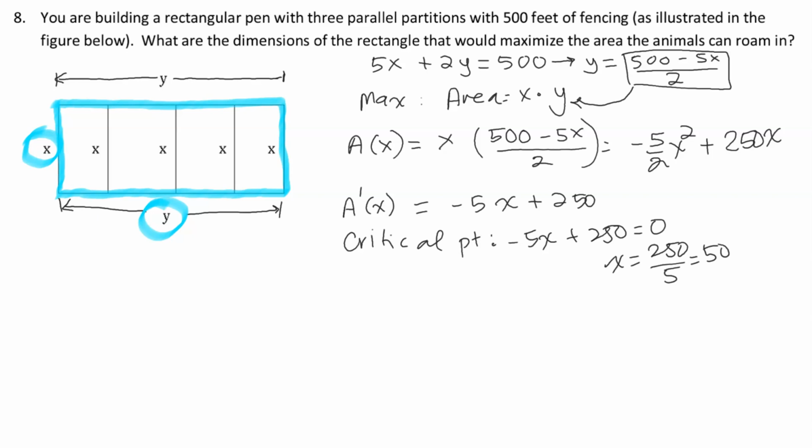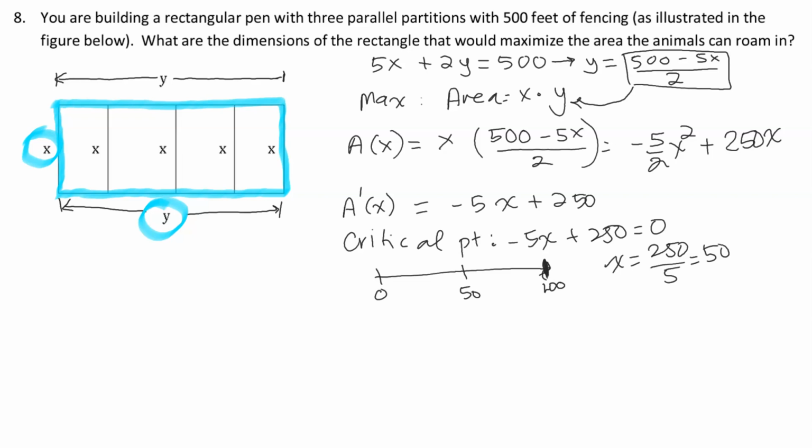Okay, so that is our critical point. So, if we want to go and check, the domain actually is not all real numbers. It has restriction. So the minimum would be 0 and the maximum would be 100 because you have 5x there, right? 100 would be maximum. Okay, so here is 50.